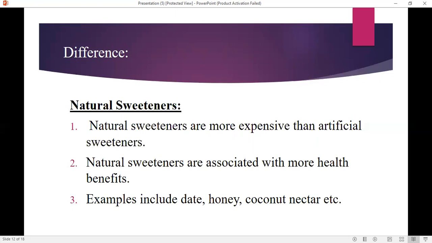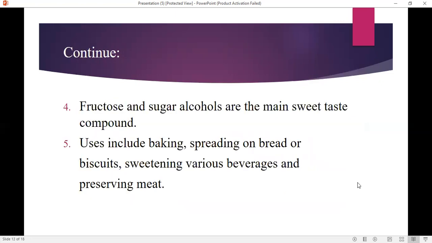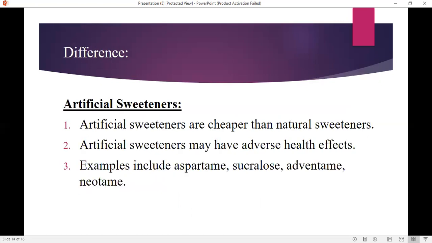Examples include dates, honey, coconut nectar, etc. Point number 4 is fructose and sugar alcohols are the main sweet taste compounds. Fifth one is uses include baking, spreading on bread or biscuits, sweetening various beverages, and preserving meat. These are the differences of natural sweeteners.